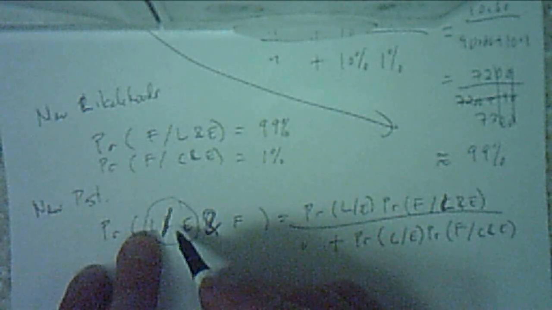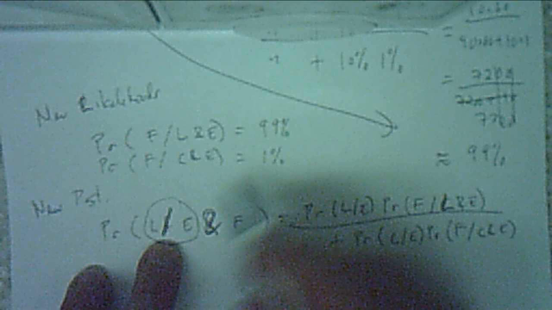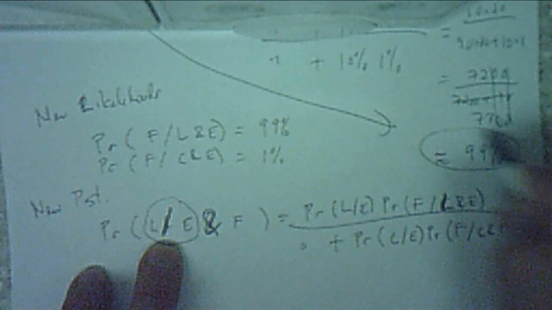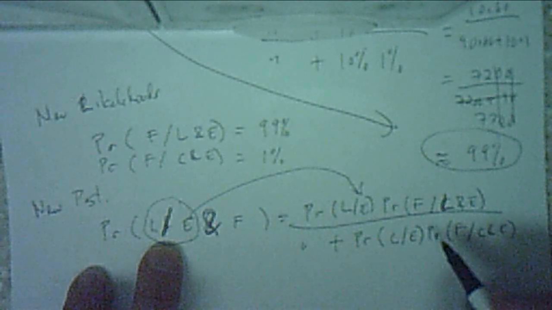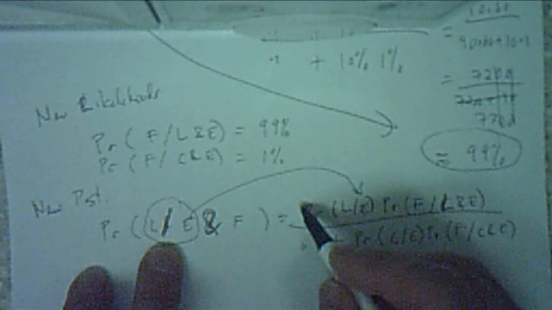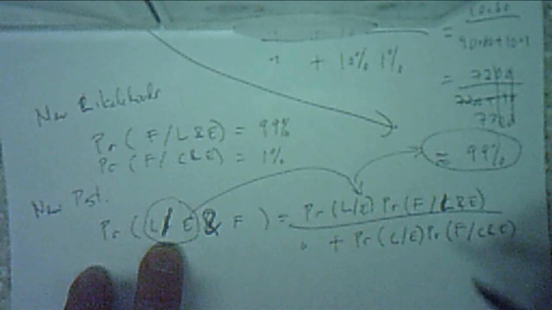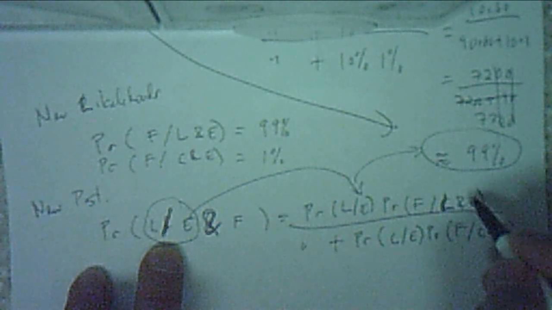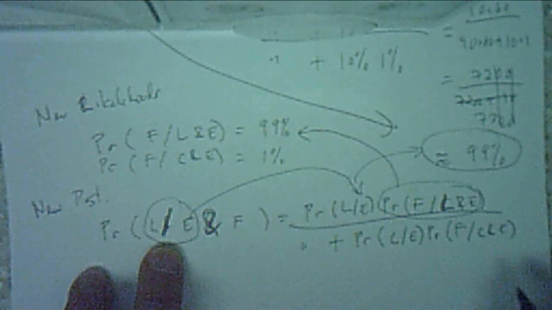What's the first here? Well, the first is, remember, you're updating, you're learning from experience. So the first is now the thing you just calculated right here, the 99%. This first right here, L given E, that's corresponding to your old posterior. And this portion right here is the thing that you got right here. That's your new likelihood.